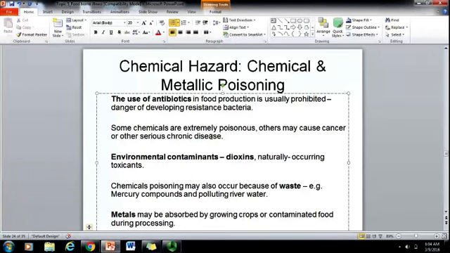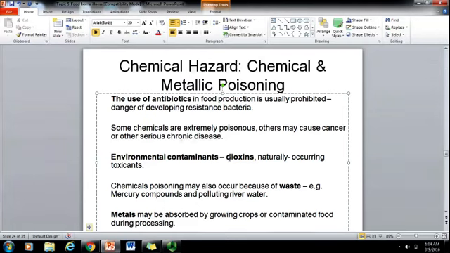Dioxin can affect most of the vital organs in your body, and it accumulates in your fat tissue. Therefore, in order to prevent dioxin contamination, very strict food processing is needed.